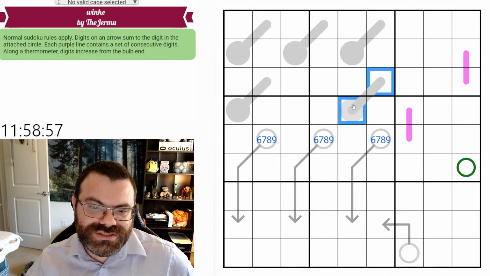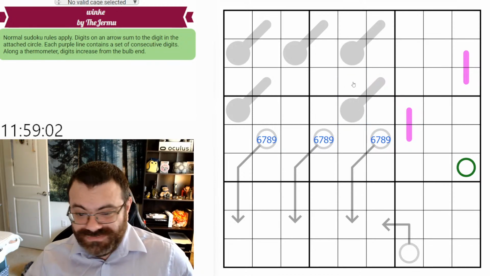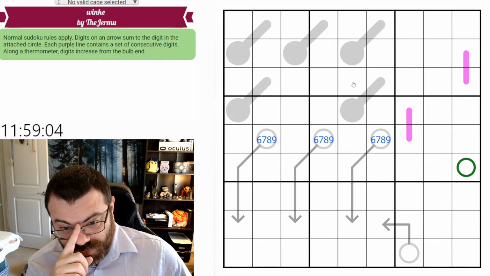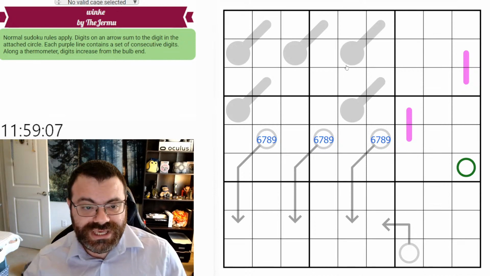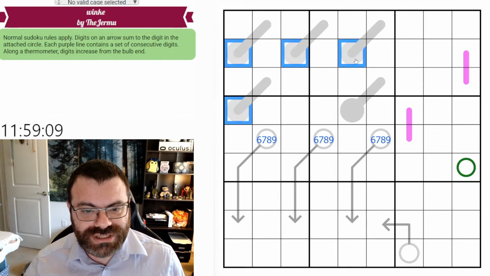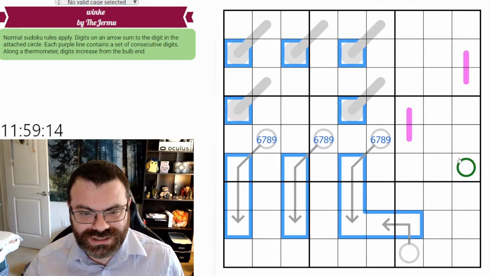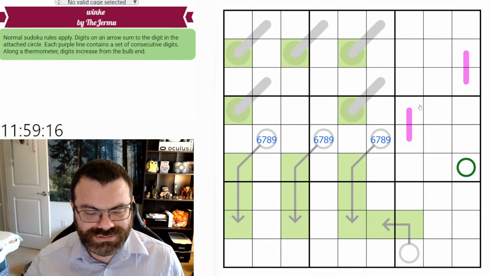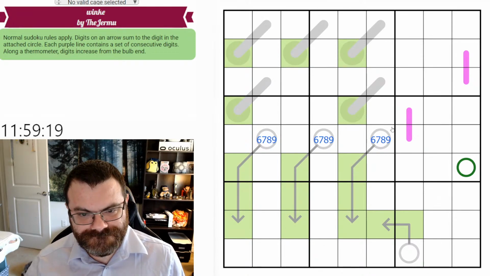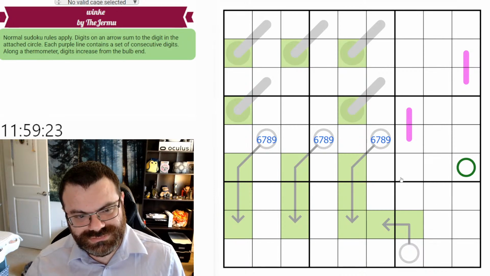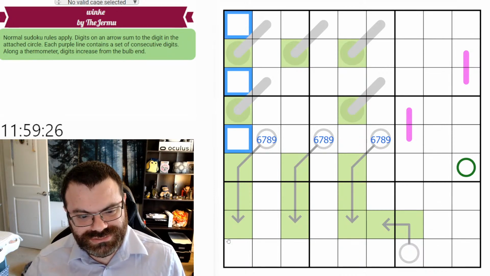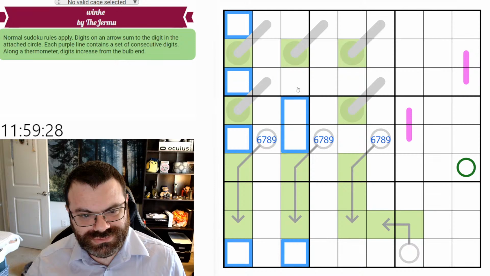So normally what these little short stubby 2-cell thermos do, if used early in the puzzle, is they prevent where you can put 1s or 9s. So we can't put a 9. Let's highlight in green every cell that can't be 9, because you can't put 9 on an arrow, and you can't put 9 in a thermo bulb. It's not quite enough.